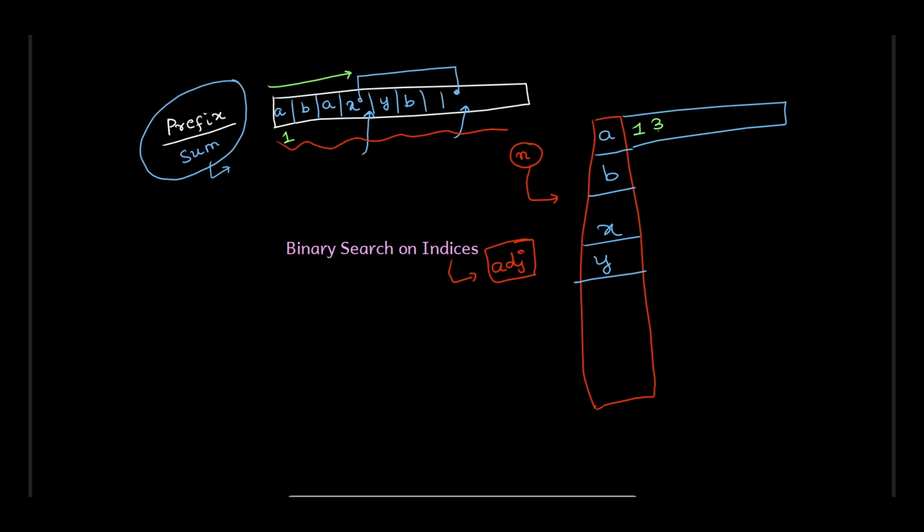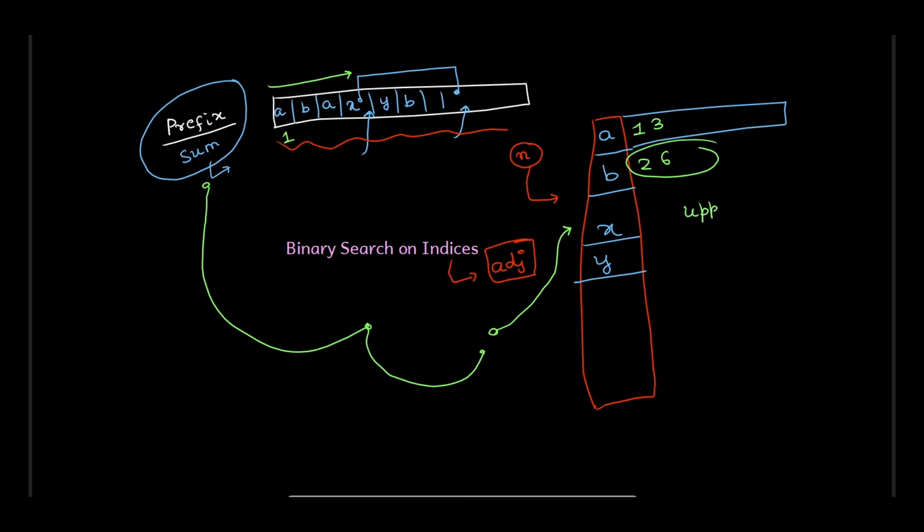So 1 3, for b you would insert 2 3 4 5 6, 2 and 6, etc. And now you can see the fancy trick: for each prefix sum, all the indices are sorted, no matter if the original array contained positive or negative integers. And then you can actually do a binary search using upper bound and lower bound. You don't actually have to implement the binary search yourself.